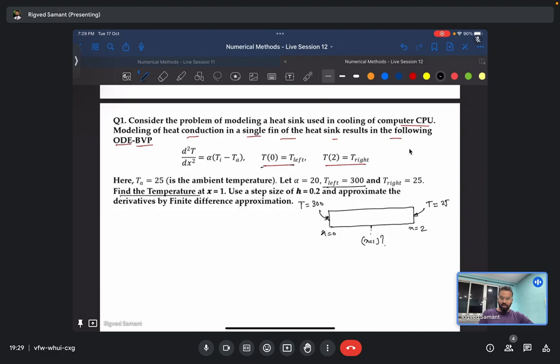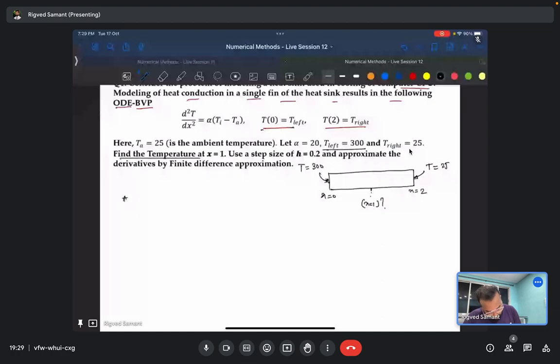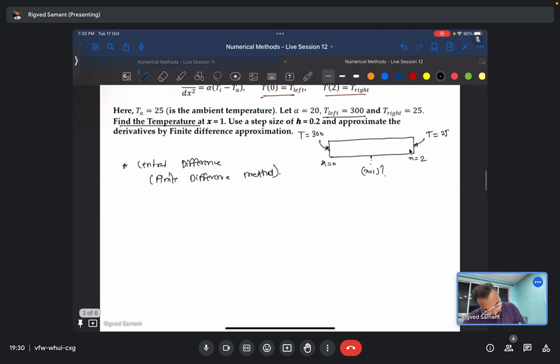But there is one other way by which we can solve it, using the definition of the central difference, also called the finite difference method. Let's say h is equal to 0.2 and we go from 0 to 2.